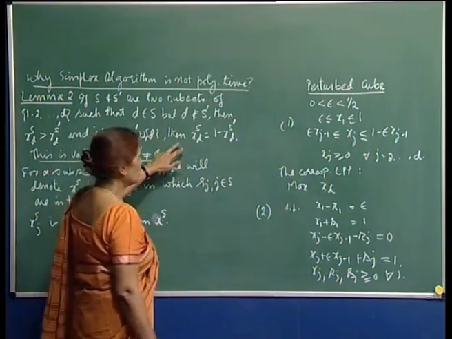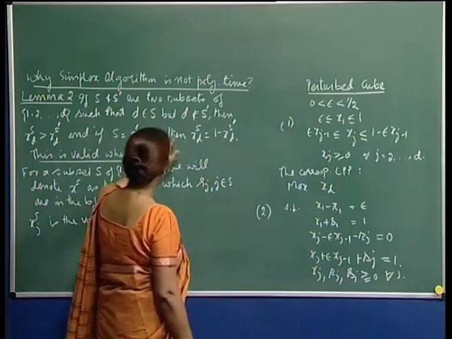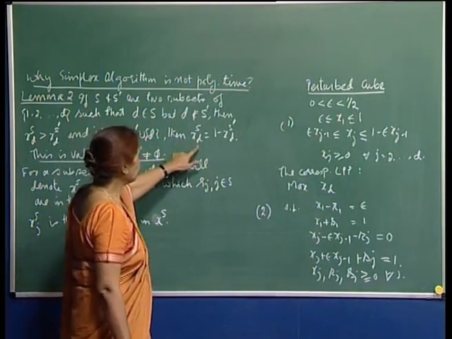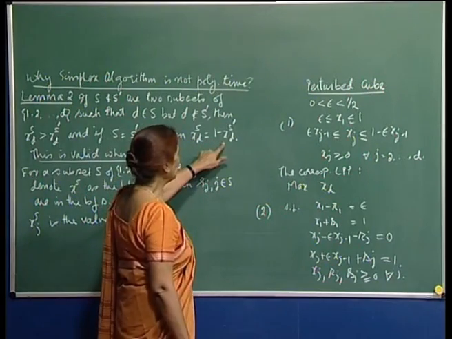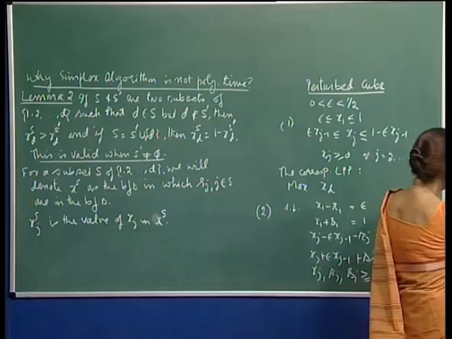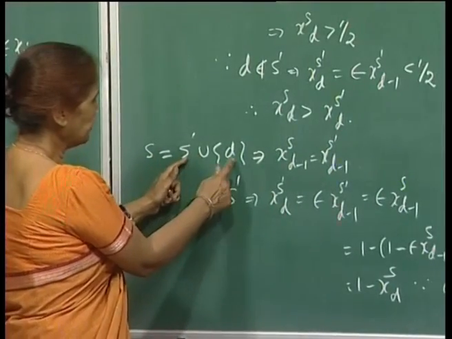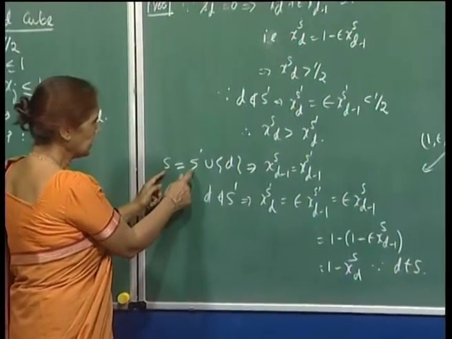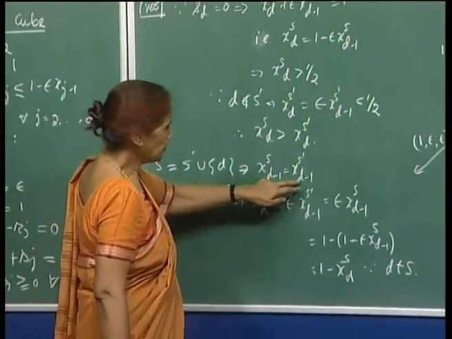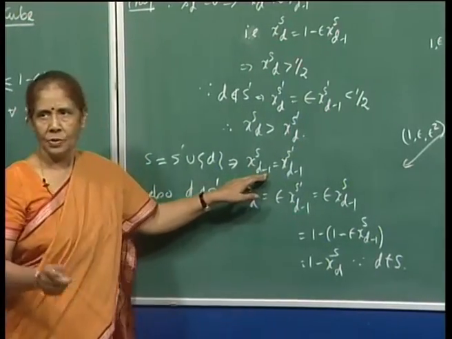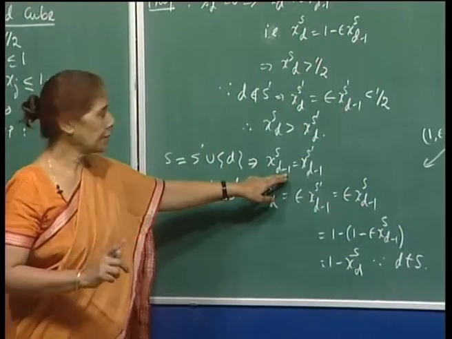Now, to prove the second part, that when S is equal to S prime union d, then XSd is exactly equal to 1 minus XS prime d. Since S and S prime differ only in the element d, all other elements are the same. Therefore, the values of the variables will also remain the same up to d minus 1, because they differ only in the dth component.